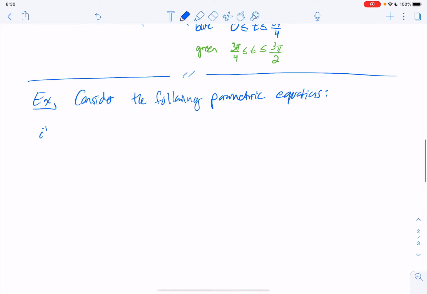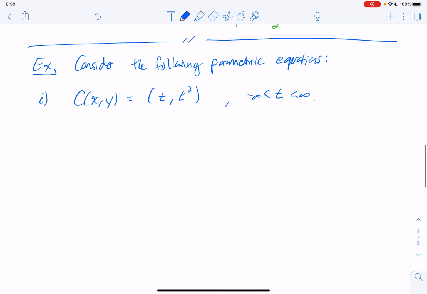So the first one is something we've already seen. Here I want my parametric equation, C, to be given by x equals t, y equals t squared. And here I'm going to let t range between negative infinity and infinity. We saw this one in class yesterday.